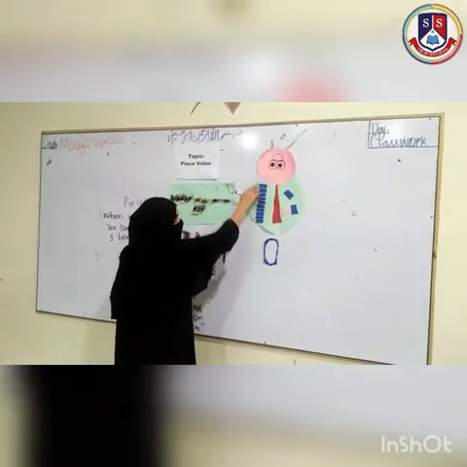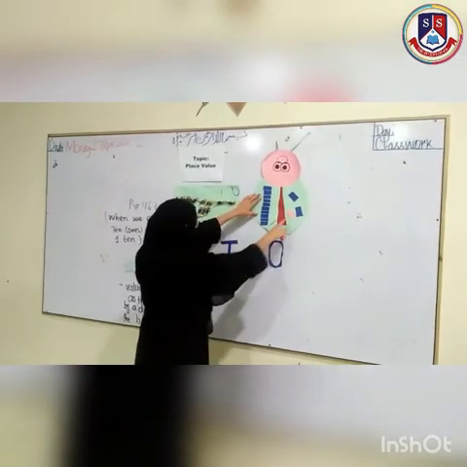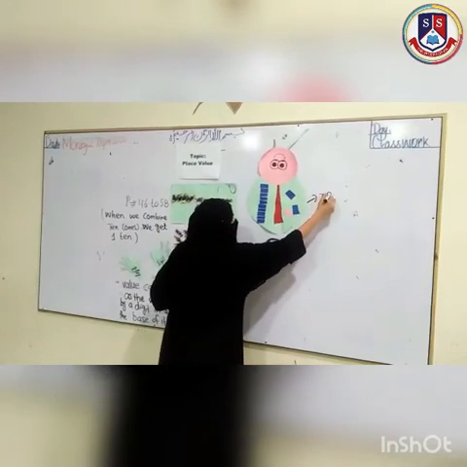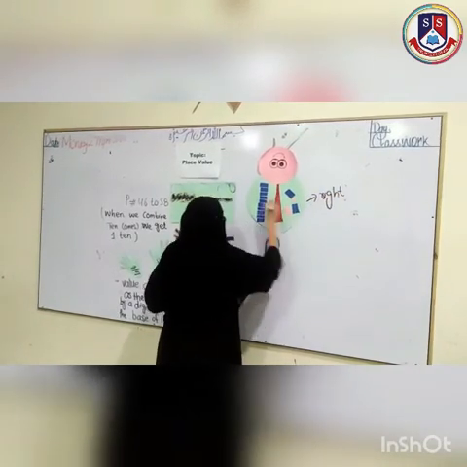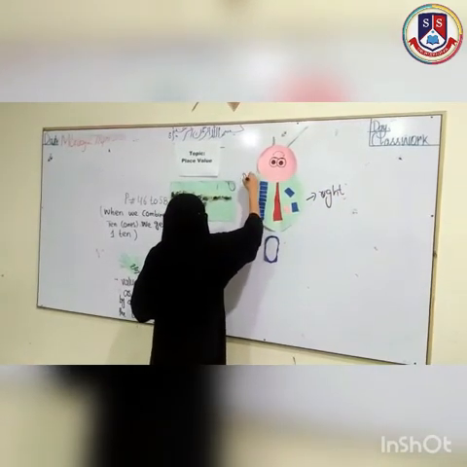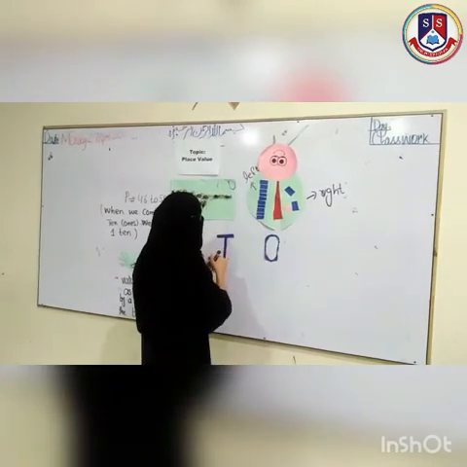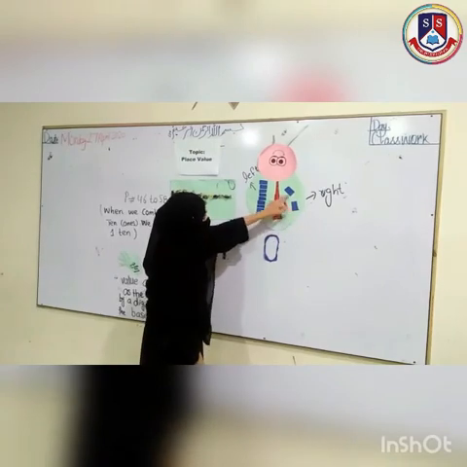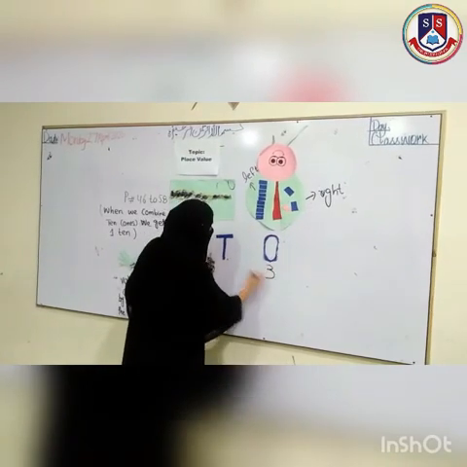Ladybird is here. She is representing 3 ones from the right side. This is right side and this is left side. How many ones are there at the right side? 1, 2, 3. There are 3 ones.